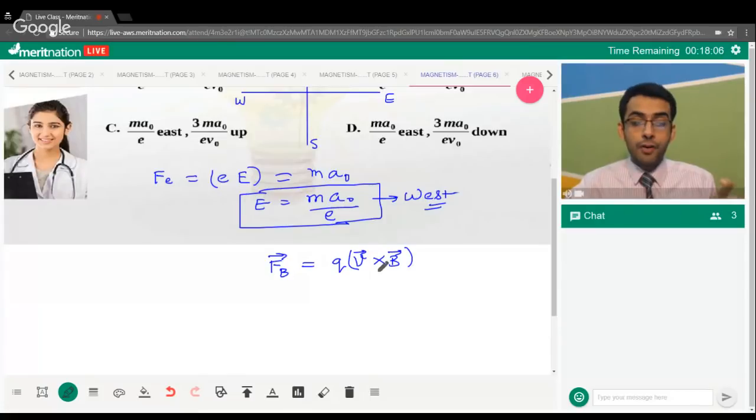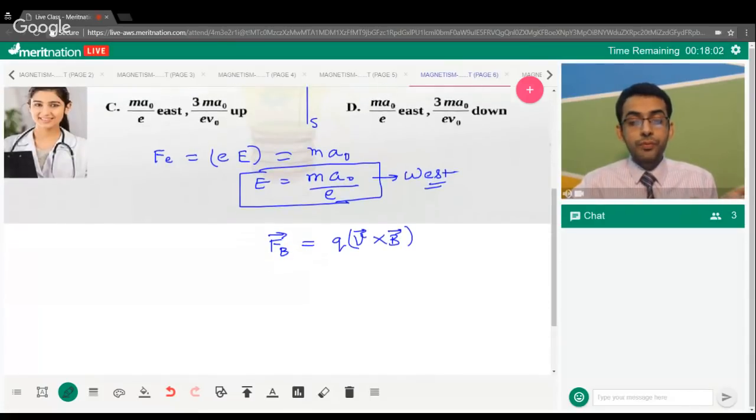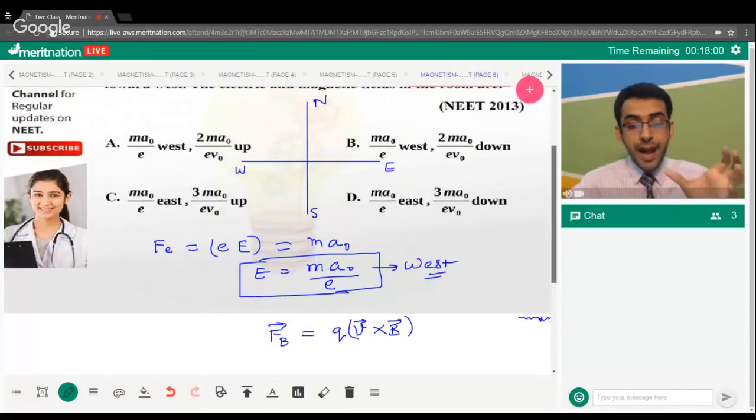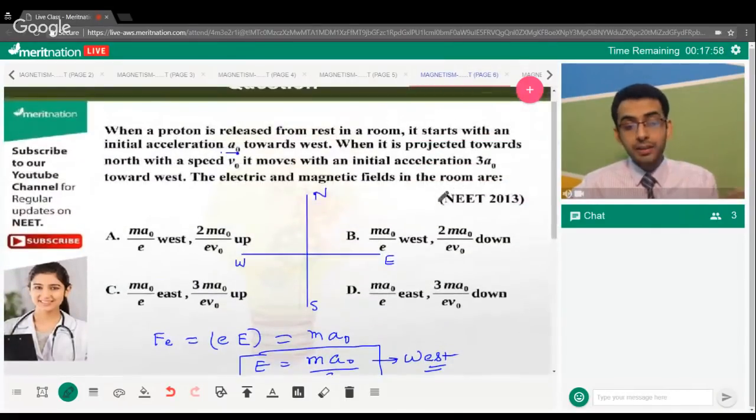QV cross B is the formula for magnetic force. Yes, because the total acceleration is more than a naught, that means the magnetic force must be in the west direction. Otherwise, the total acceleration would not be this, right?